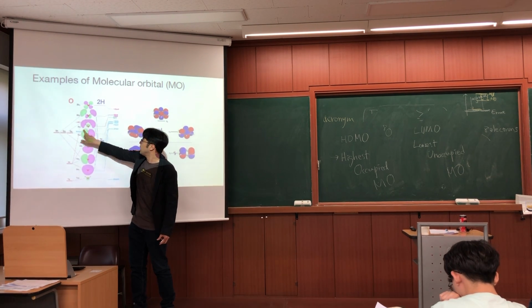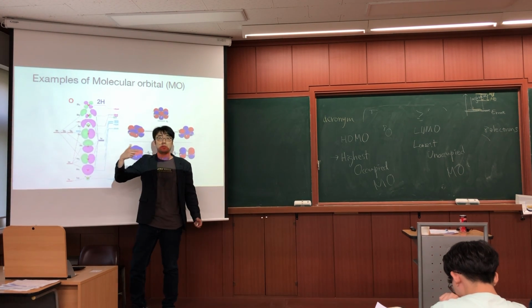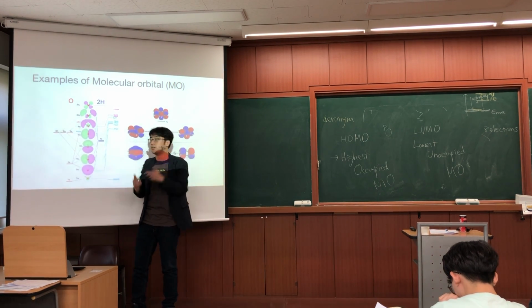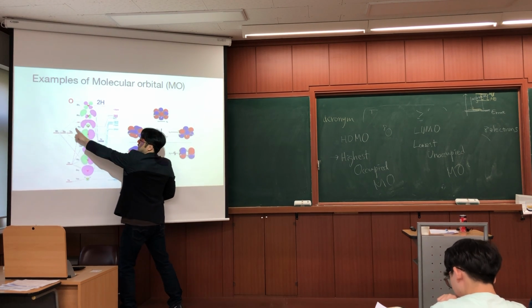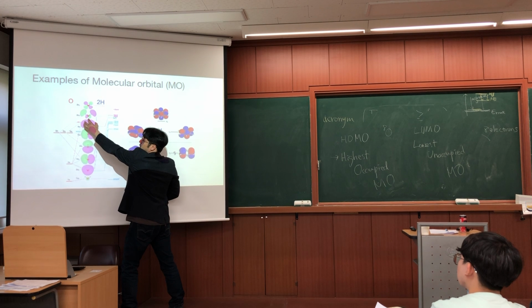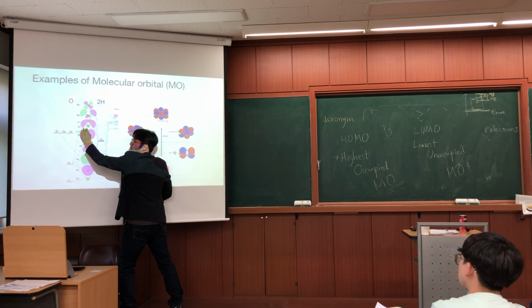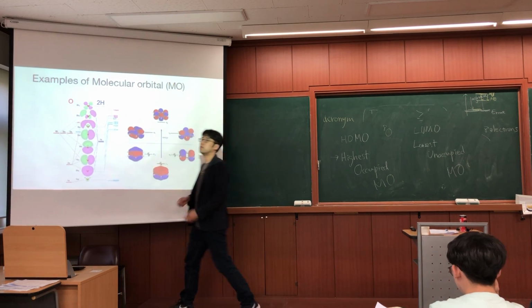So the electrons are playing like this, but if it gets some energy from sunlight or from a laser, then it is excited and goes to this orbital. This one is empty, but if it is excited, the electron moves from here to there.